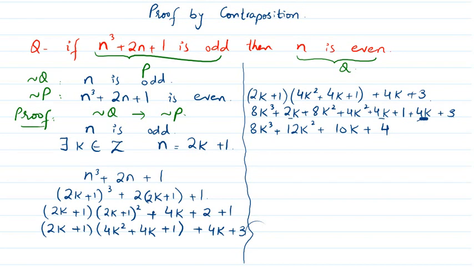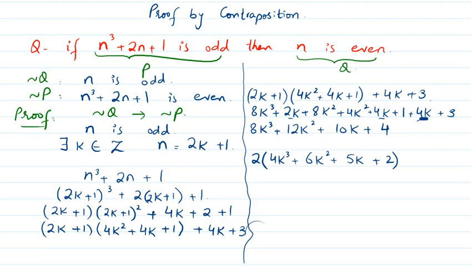Now here you can see that this equation comprising of 4 terms, I can take 2 common out of it and I can write it like 4k cube plus 6k square plus 5k plus 2, right?